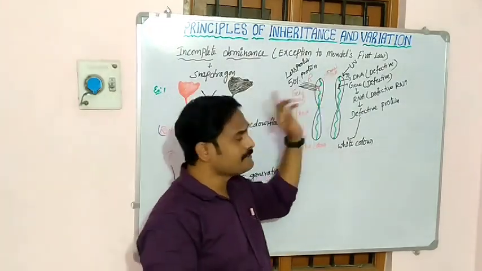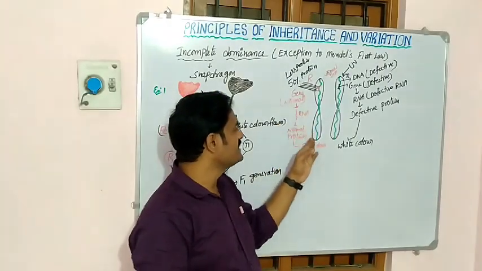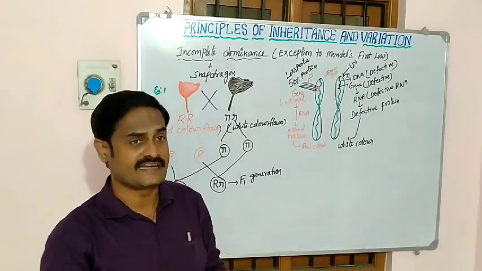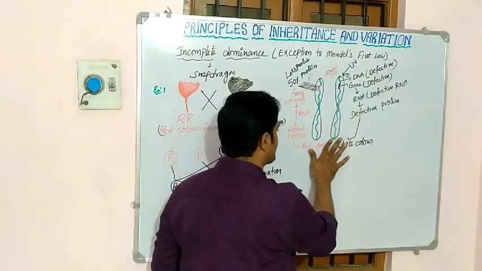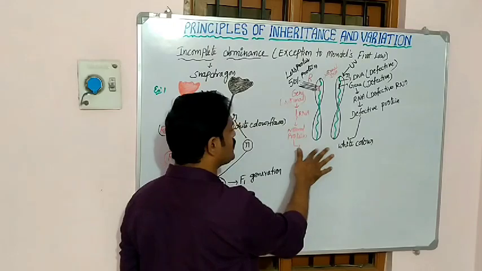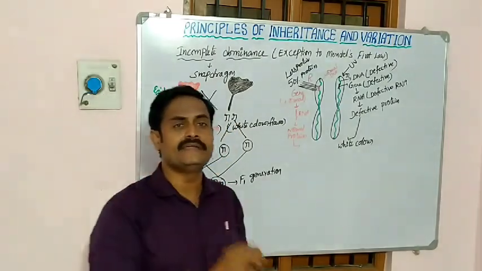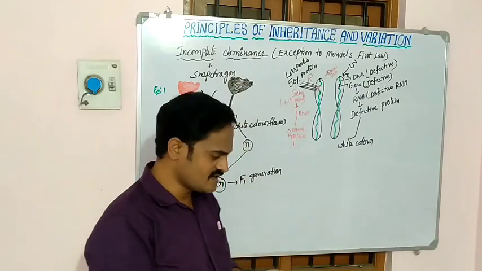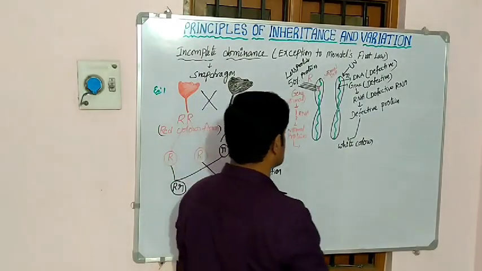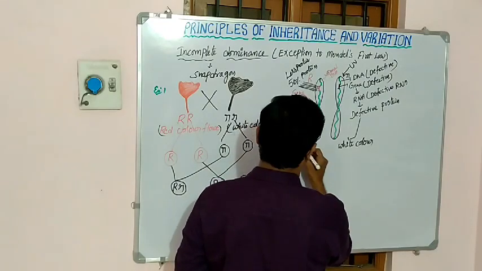So this 50% of protein is not possible to give the red color. For that reason, this RNA or this protein gives the intermediate color. What is the intermediate color? It produces the pink color. Which color?